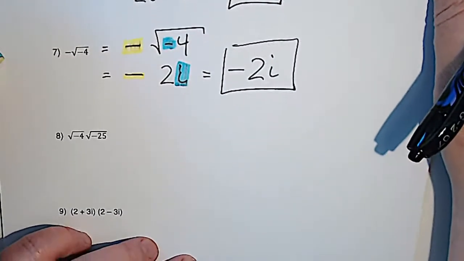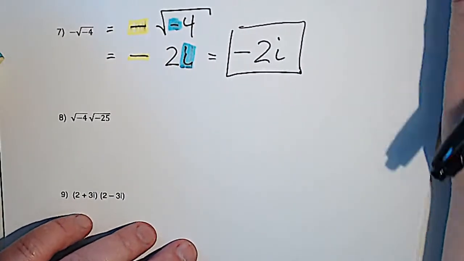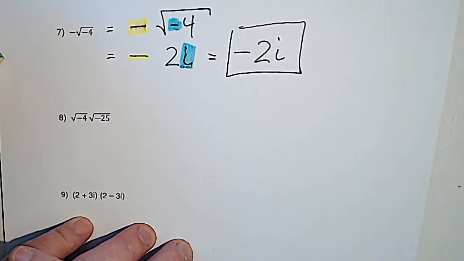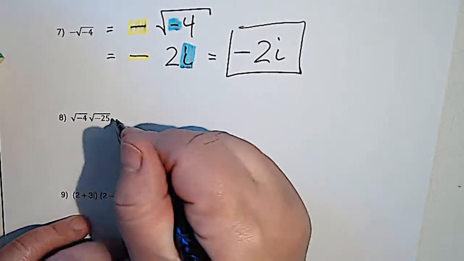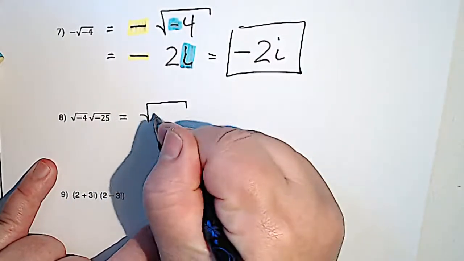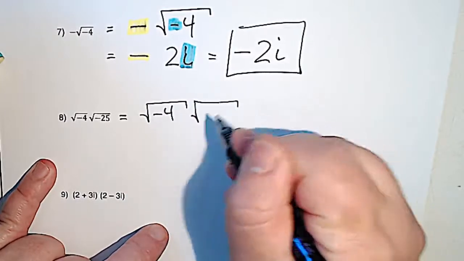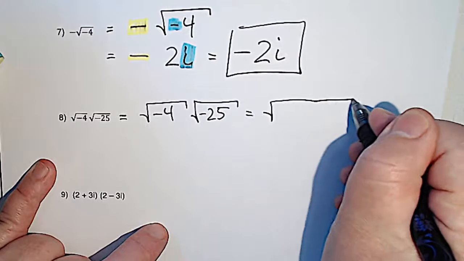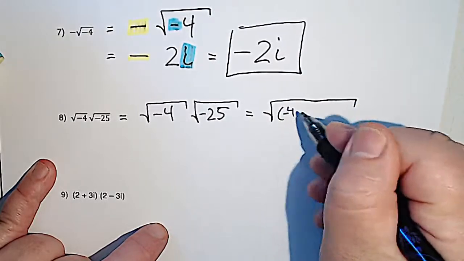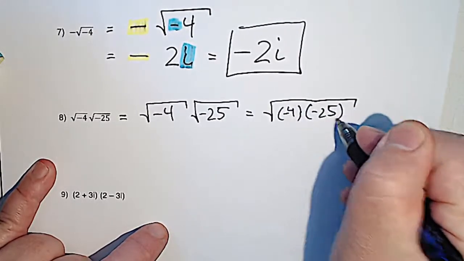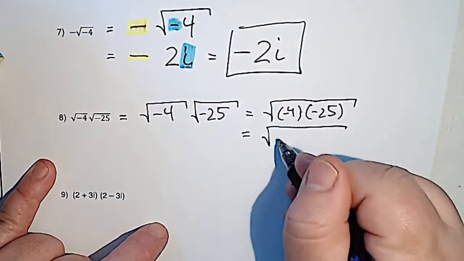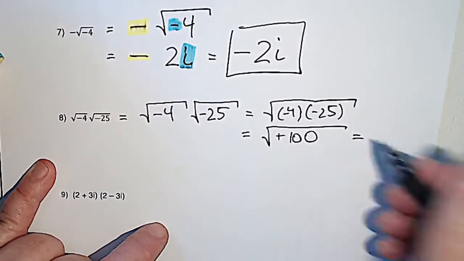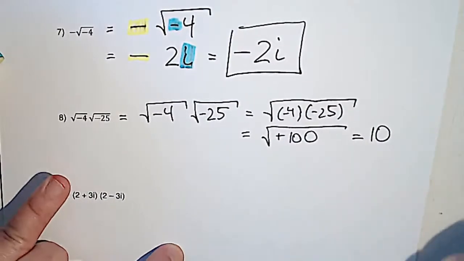Okay, next question. Well, can I fix a complex number by multiplying by another complex number? And a lot of people would say negative 4 inside a radical times negative 25 inside a radical should be negative 4 times negative 25 inside, which should give us a positive 100, which gives us 10, right?